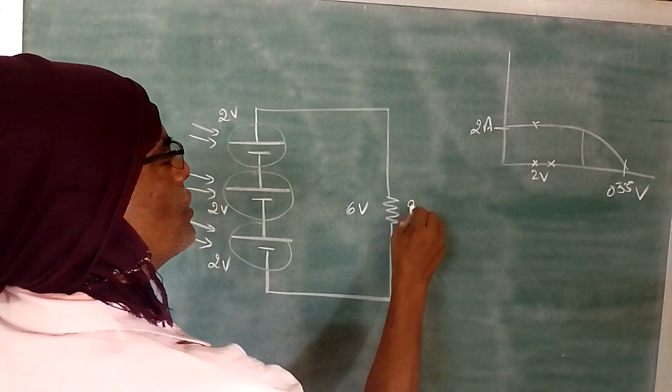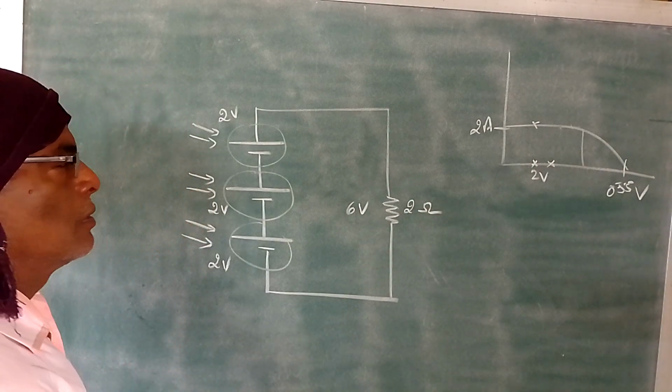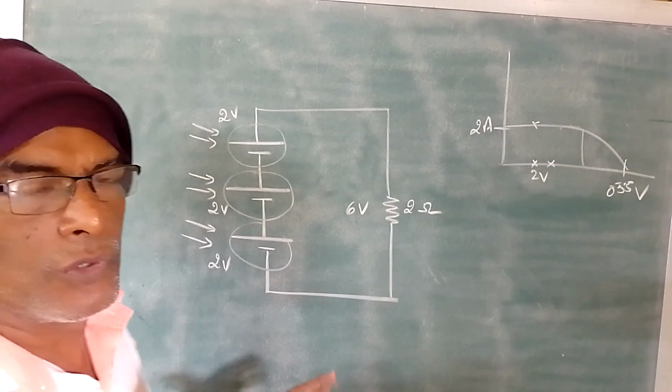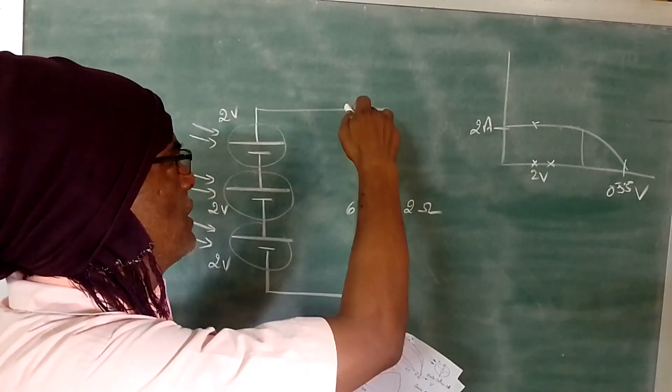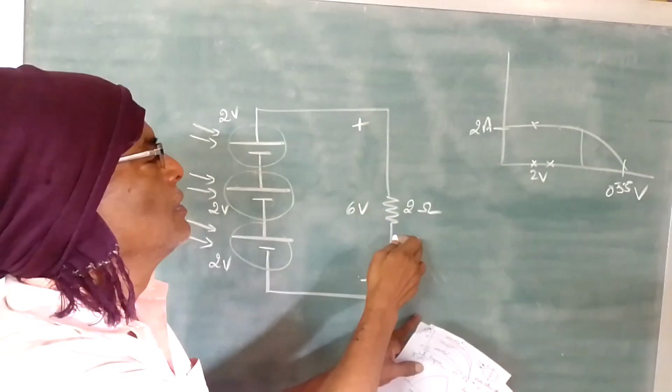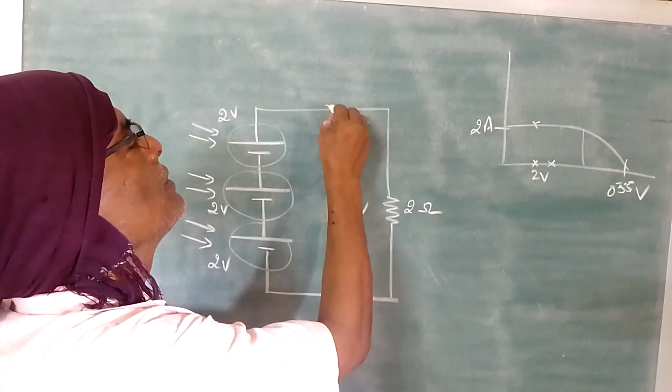Suppose I am putting 2 ohms, so what is the current drawn from the system? You understood? Here I definitely am getting 6 volts because of this panel. Now I am connecting 2 ohms. So 6 by 2 you will be getting 3 amps.